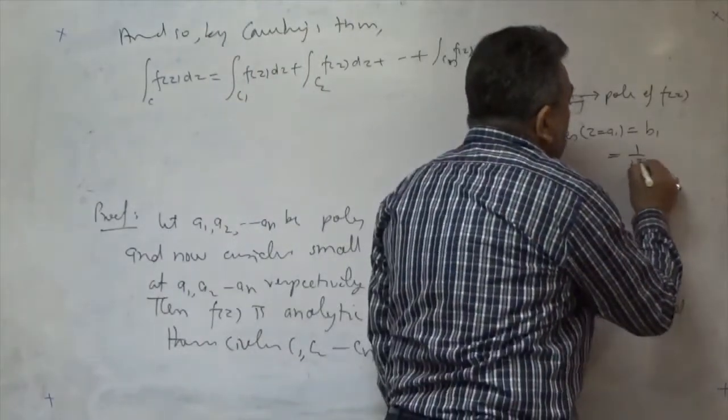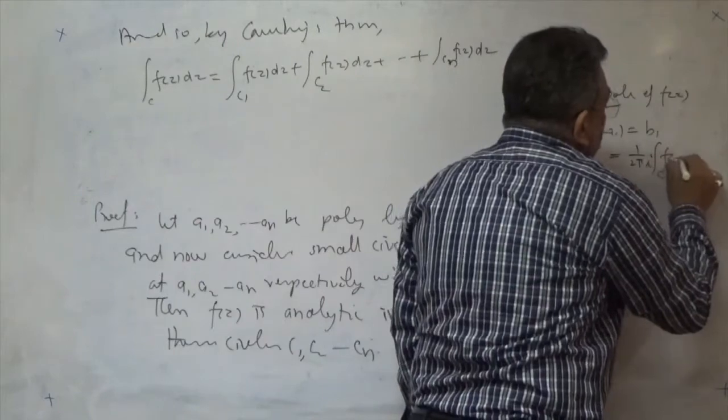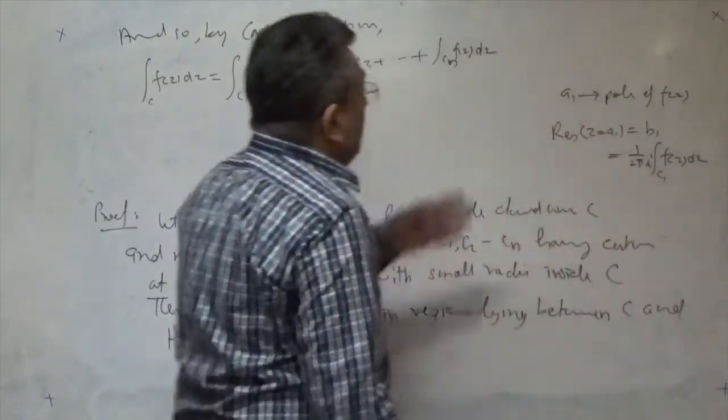So this is 1 upon 2 pi i integral over C1 of f(z) dz.